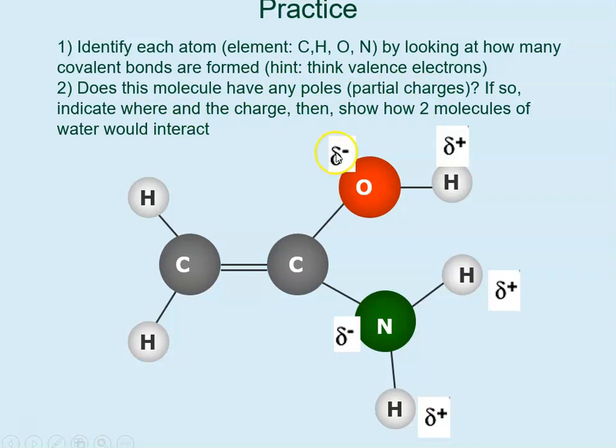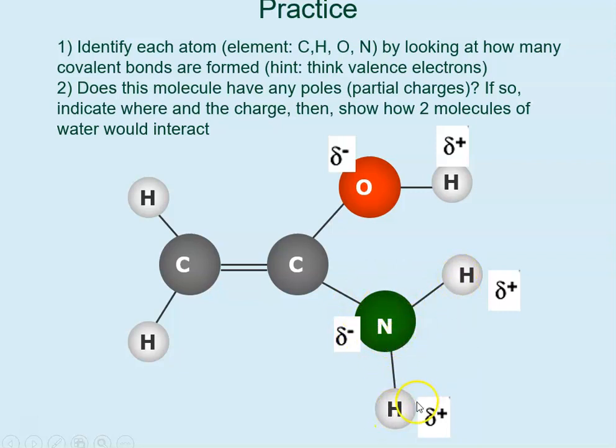So again, that's that squiggly delta. Oxygen is extremely electronegative. It's going to be partially negative. Nitrogen is extremely electronegative. It's going to have a slight negative charge as well. Why? Because it's going to be pulling the single electron from hydrogen closer, so it's spending more time with that oxygen. Those hydrogen electrons are going to go around hydrogen once and go around nitrogen a whole bunch more.